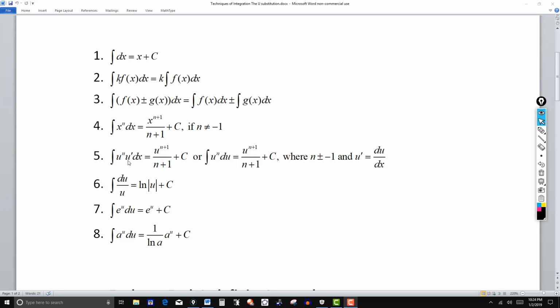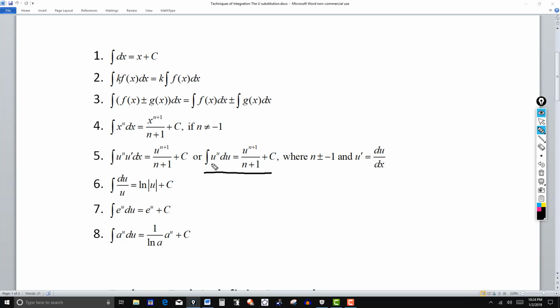Number 5 is pretty much the same thing as 4, except we're using u to the n. U prime here is the same thing over here on the right as du dx. So if I replace the u prime by du dx, it just gives me du. Okay, I kind of prefer this one right here.